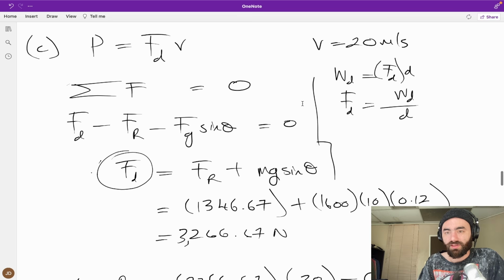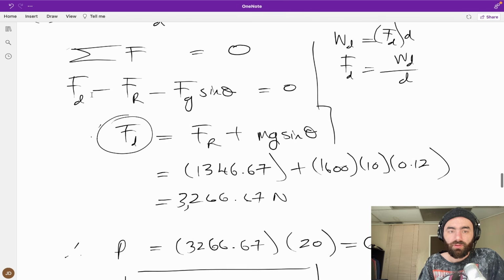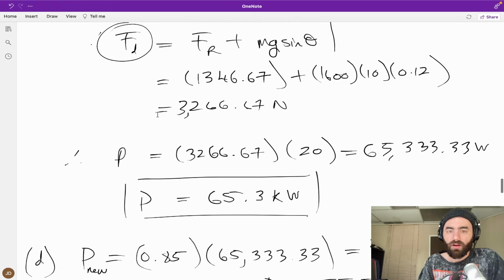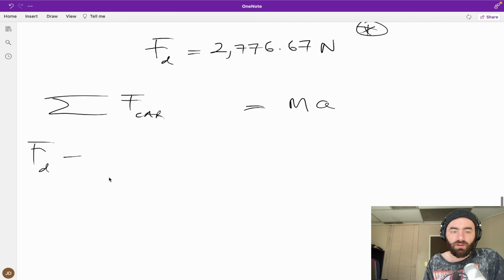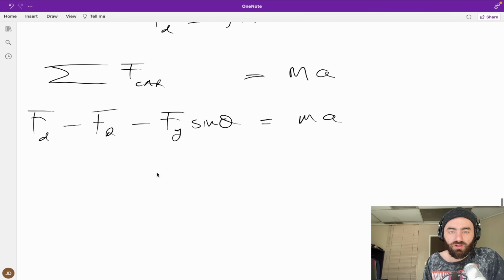This time it's accelerating because we've decreased the power. So Fd minus Fr minus Fg sine theta equals mass times acceleration. Okay, this is mg.